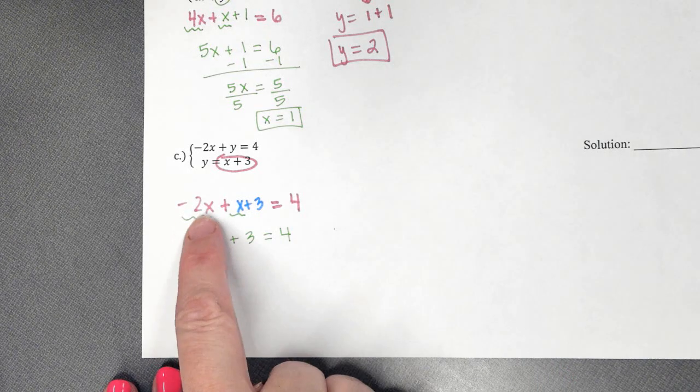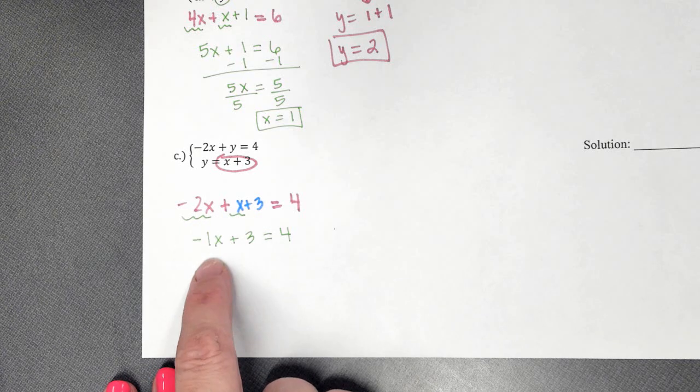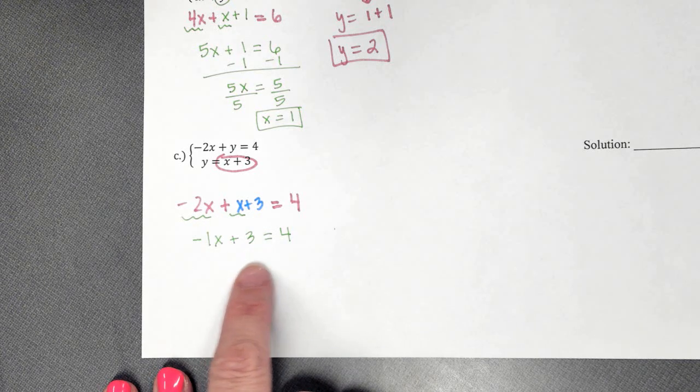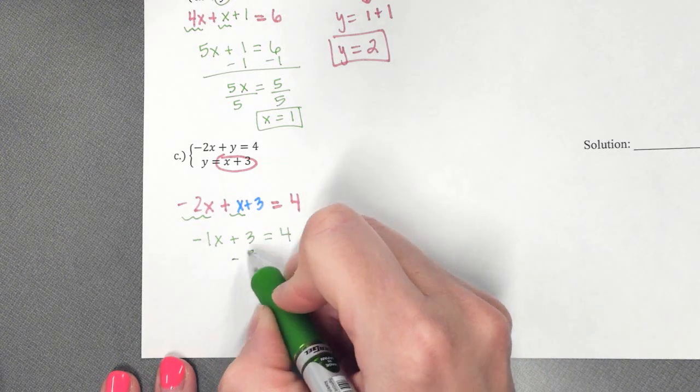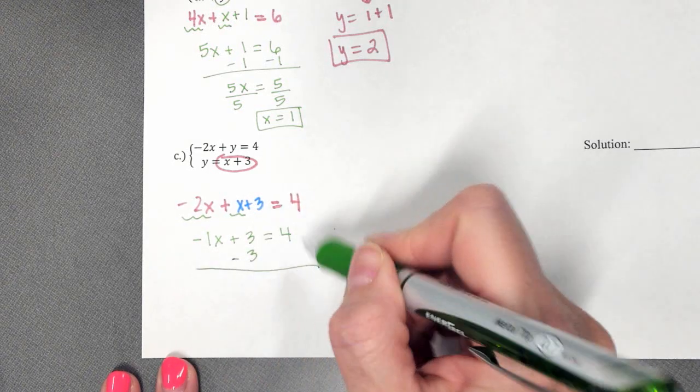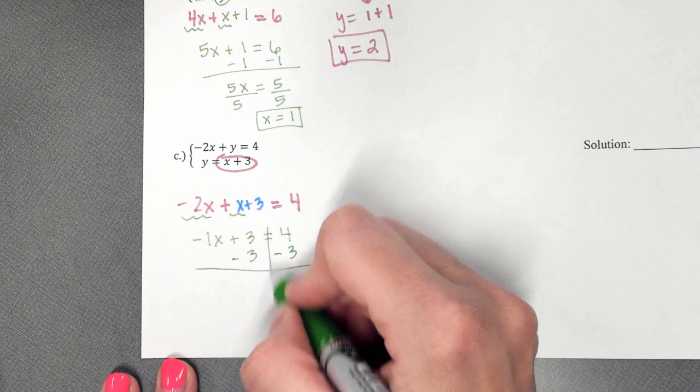And then Bree, what did you do after that? When you got here, after you combine the x's, negative 2x plus x, what did you do next to solve? Good. Some of you put negative 1x, did some of you just put negative x? That's okay too.